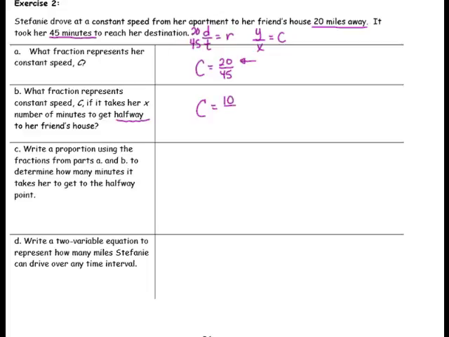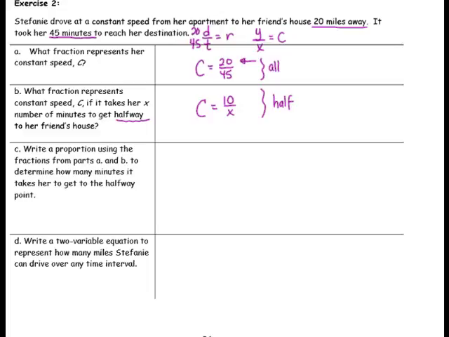And it says to let x be the number of minutes. The number of minutes is the time in the denominator. So this is her rate to go all the way, and this is her rate to go halfway. Write a proportion using the fractions from part A and B to determine how many minutes it takes her to get to the halfway point.